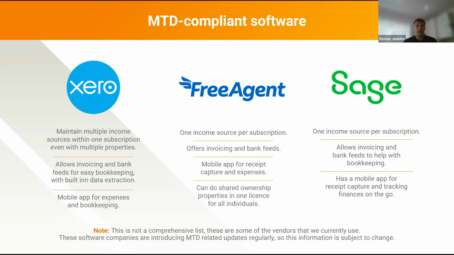I would have to do 2 returns each quarter, one for my sole trade, one for the properties. Xero can do all of that within one subscription, so you'd only need to pay the monthly fee once a month, and you get to file for all of your needs.